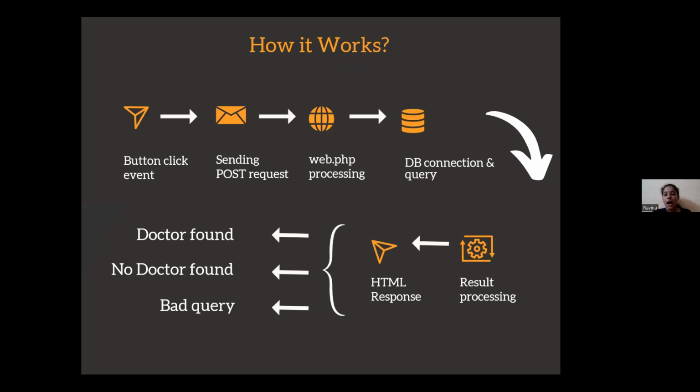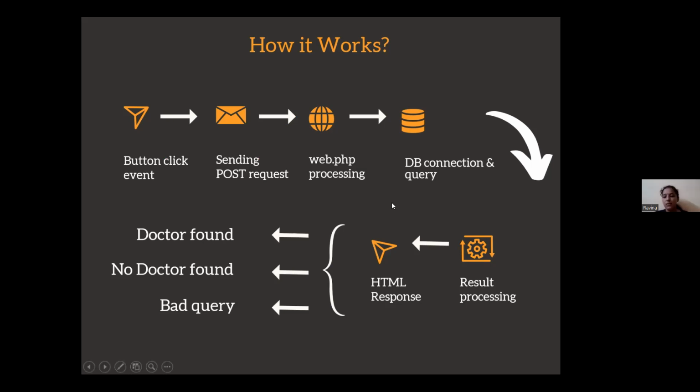So I created a flow chart to visualize how it works. After entering the specialty and location to search for the doctor, once we click the button, the click event triggers jQuery to send the post request to the PHP code, where we have a SQL query that is connected to the database.